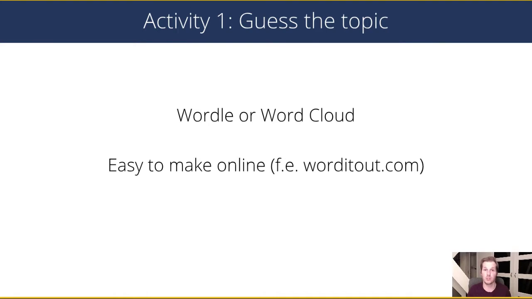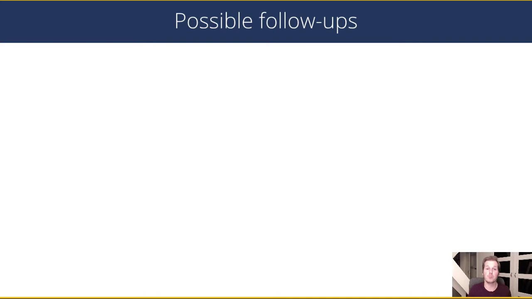Just hand out a few of these word clouds, or show it on a screen, and ask students, okay, what is the topic of today? Now, possible follow-ups for this activity are student-generated ones, so you ask students to create a word cloud themselves. I don't know about you, but I've got a few of those really creative girls in my classroom who just want to color everything.